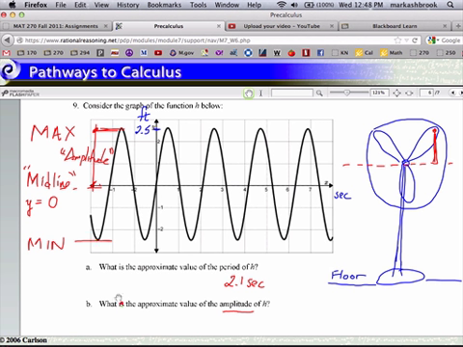So what's the approximate amplitude of h? 2.5 feet, which corresponds to what in our circular motion? Yeah, the radius. So if we're talking about circular motion, the amplitude is the radius of rotation.